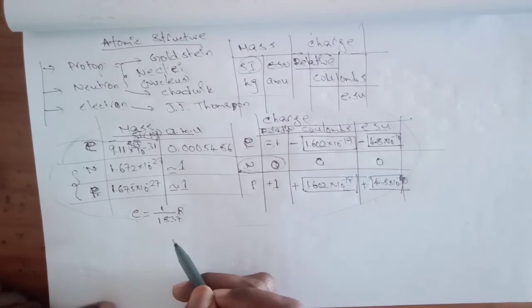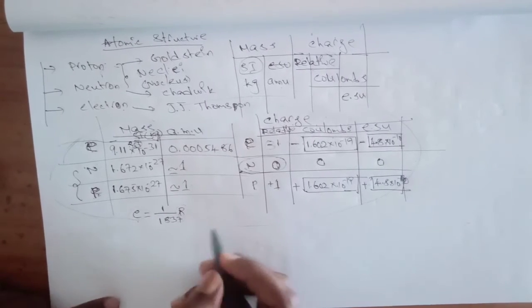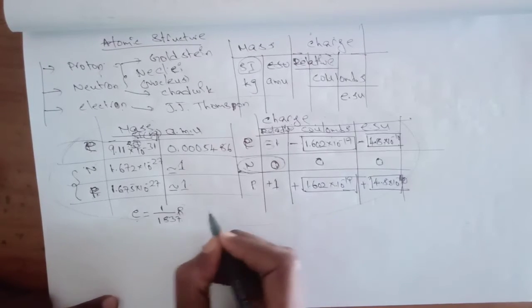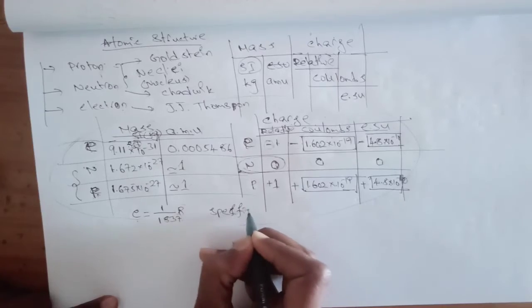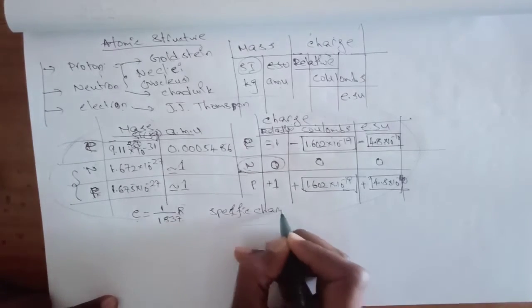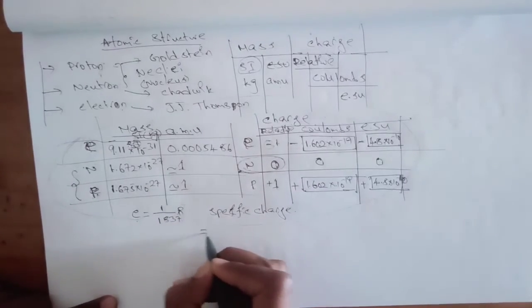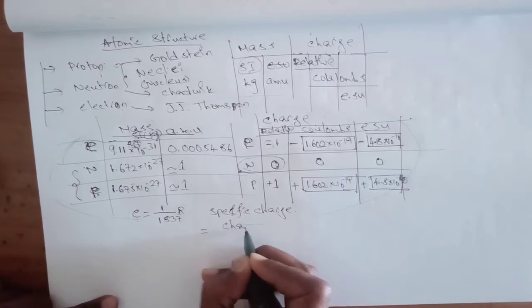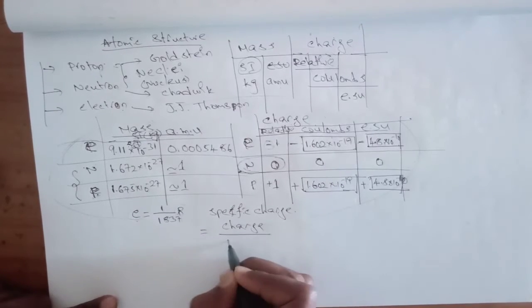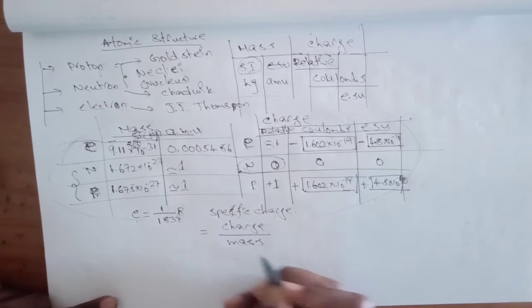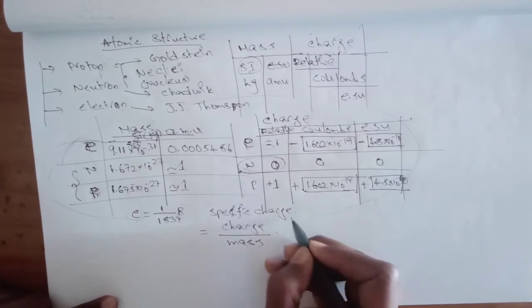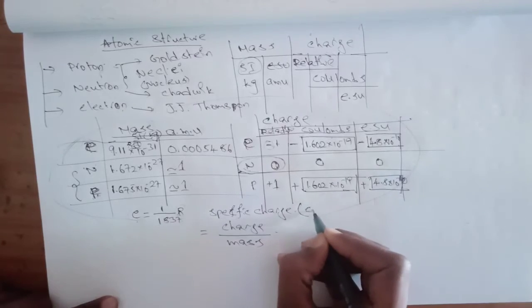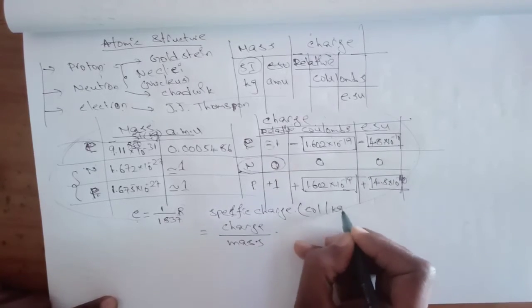And the another thing we have to consider is specific charge. See, the ratio of charge to mass is known as specific charge, and its unit is Coulomb per kg.